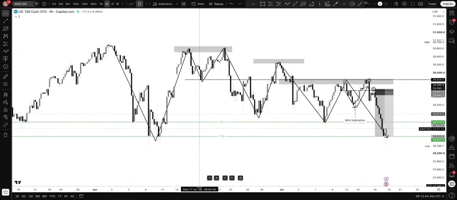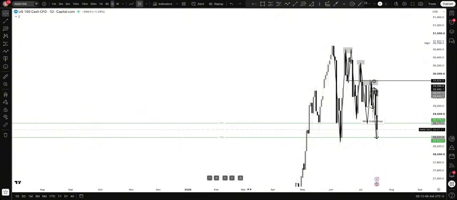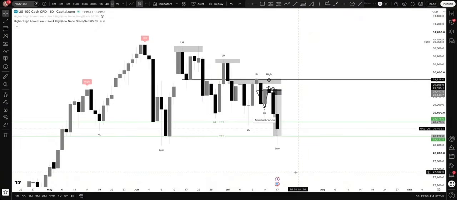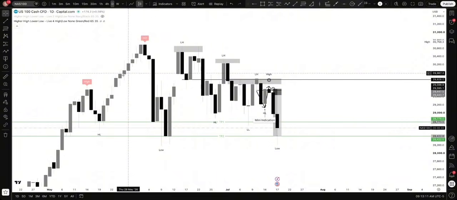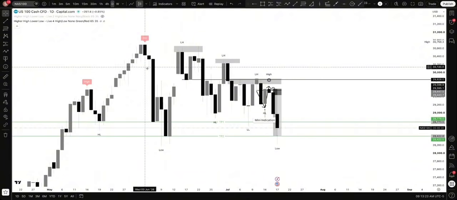This is just me scaling out on the 4 hour, but this is really the daily time frame structure. This indicator helps a lot as well, because on the daily time frame, I saw this higher high, so I was expecting price to buy. But then right after that higher high, we got a lower low. So we always go for the most recent indication. We got a lower low indication. So now we're looking for sells.